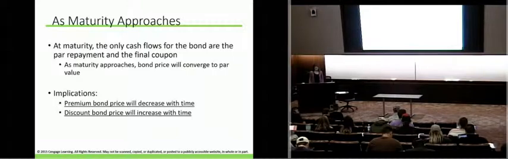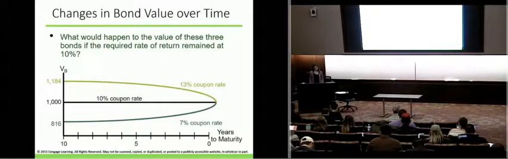What's the answer to the question that's on the slide? If the required rate of return remains at 10%, the value of the bonds, the premium bond would decrease and the discount bond would increase.